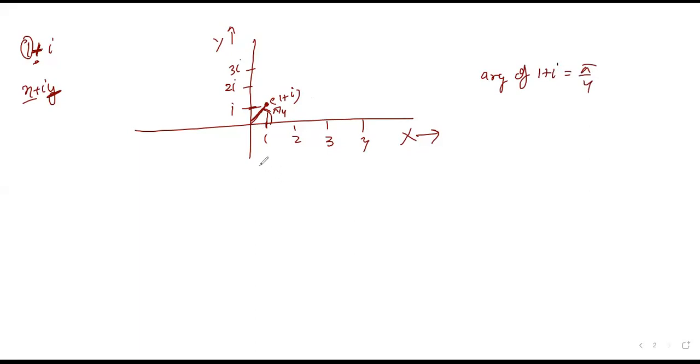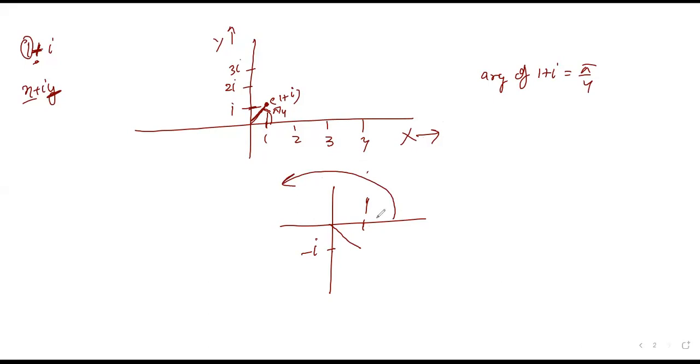Similarly, if I talk about 1 minus iota, you must be knowing where 1 minus iota will be found. That is 1, that is minus iota. So this will be this only. If I say the angle with the x-axis, we will not count like this. Why? Because this is a rule of complex numbers. If the number is in the first or second quadrant, you can go like this.